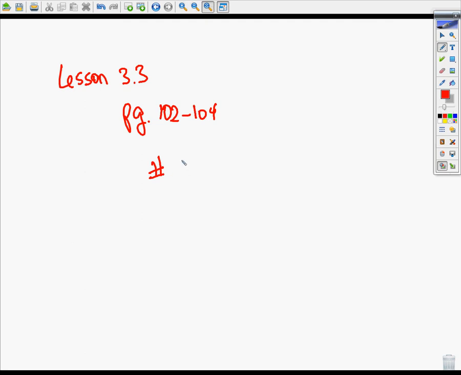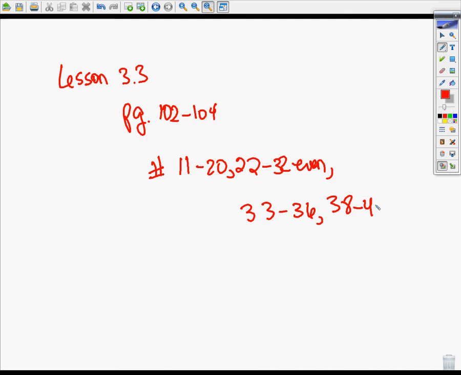Problems 11 to 20, 22 to 32 even, 33 to 36, 38 to 42 even, 43 and 46. So there you go if you want to get started with those.